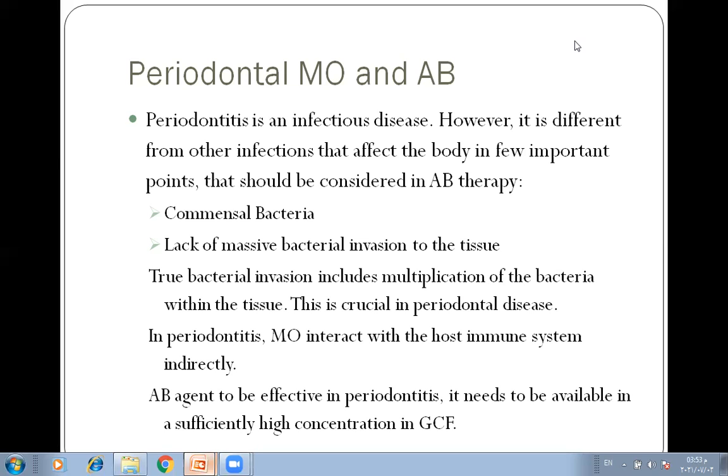Therefore, in order for the antibiotic agent to be effective in periodontitis, it should be available in a high, effective concentration inside the gingival crevicular fluid or inside the periodontal pocket environment.